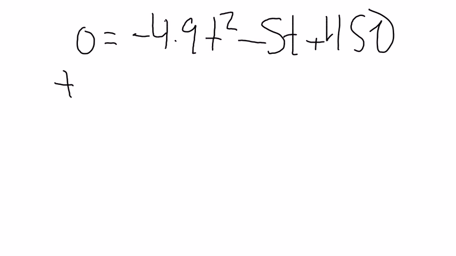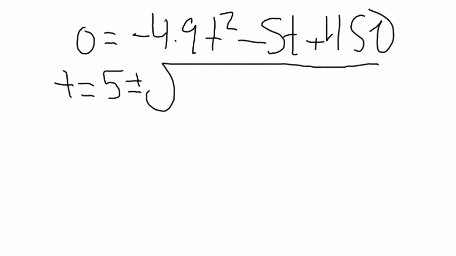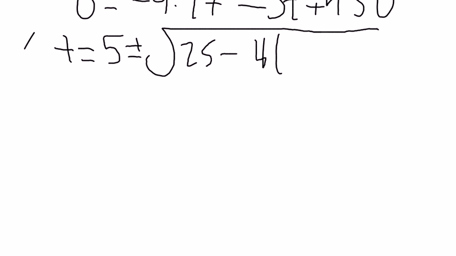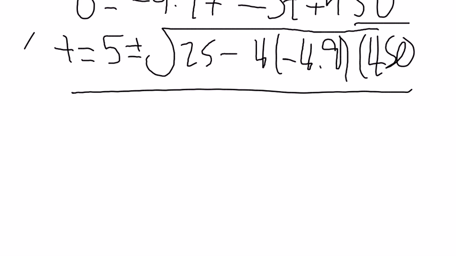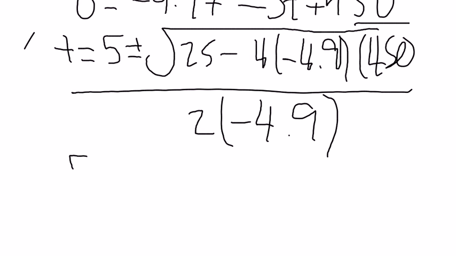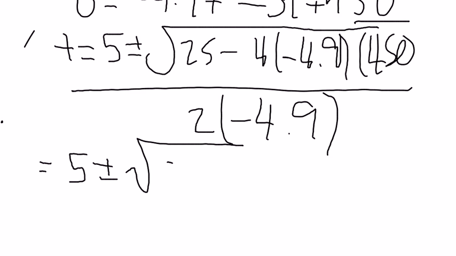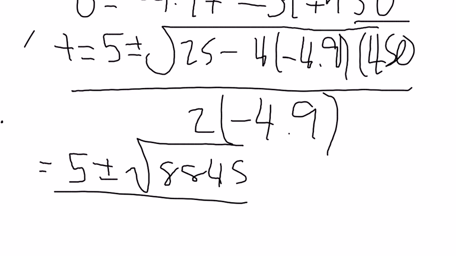So quadratic formula, t is equal to 5 plus or minus the square root of 25 minus 4 times negative 4.9 times 450, all over 2 times negative 4.9, and then that comes out to 5 plus or minus the square root of 8,845 all over negative 9.8.